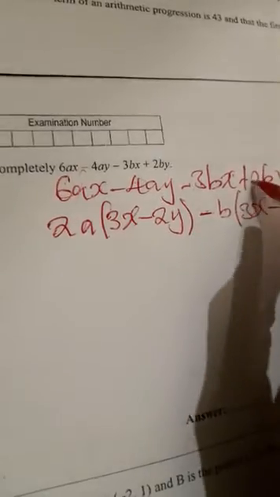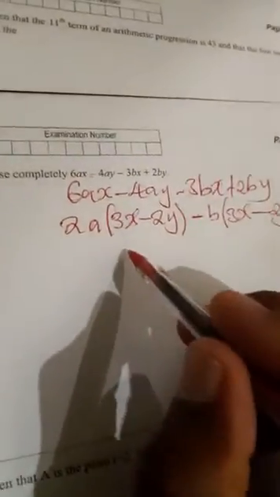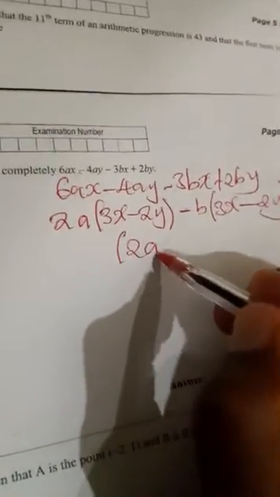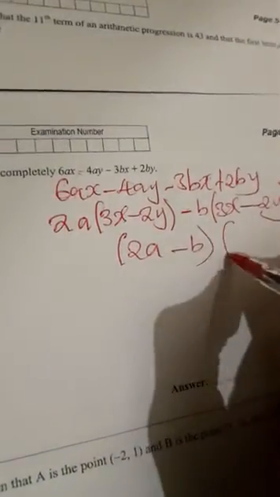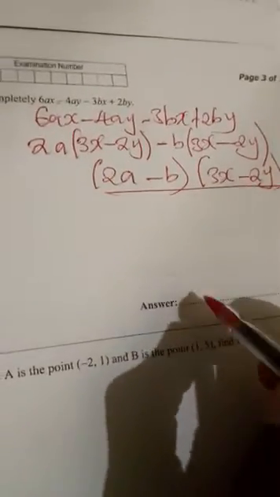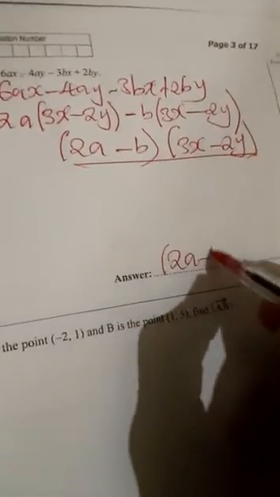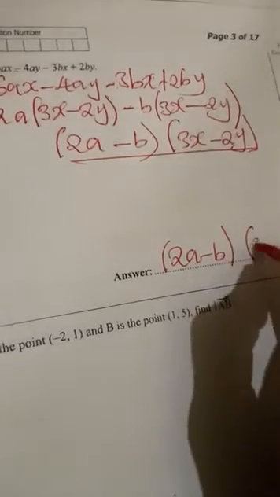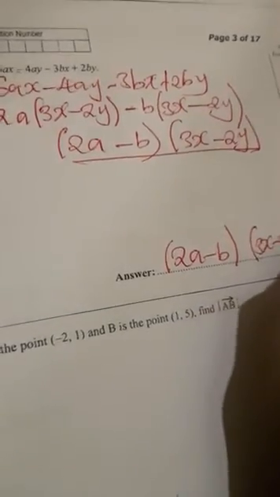Then b will give you 2y. So the final answer will be 2a minus b multiplied by 3x minus 2y. So this is the answer you bring here and indicate 2a minus b and 3x minus 2y.